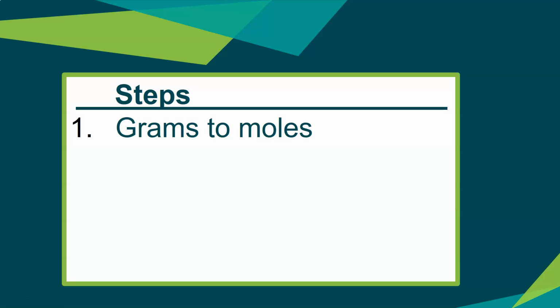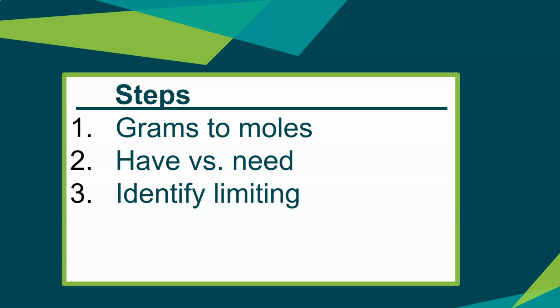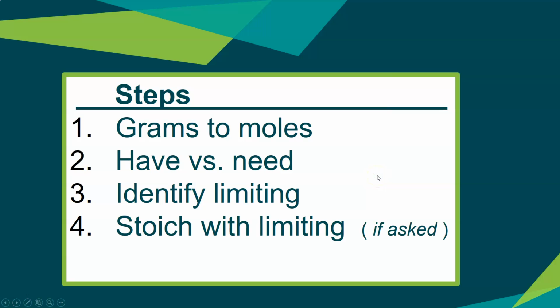The second part is we're going to be comparing what we have versus what we need. That's going to allow us to identify what our limiting reagent is. Once we know what our limiting reagent is, then we're able to do the stoichiometry with that starting value. That limiting reagent is the one that we would start with.